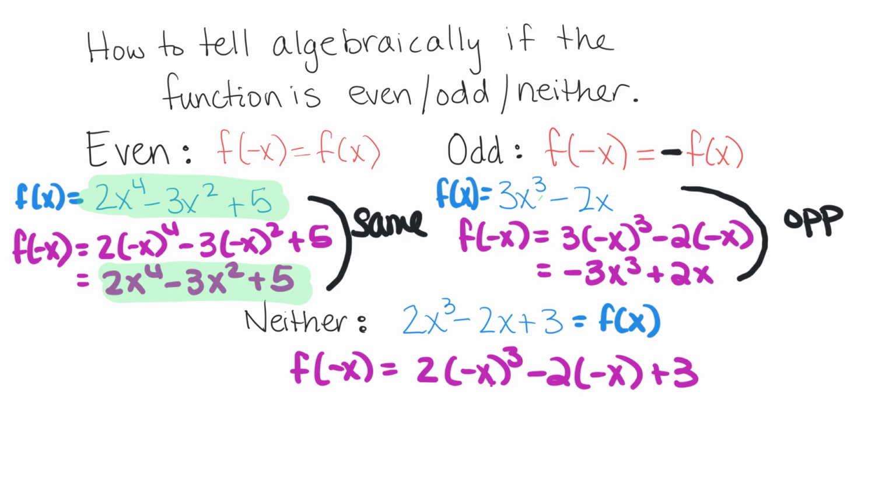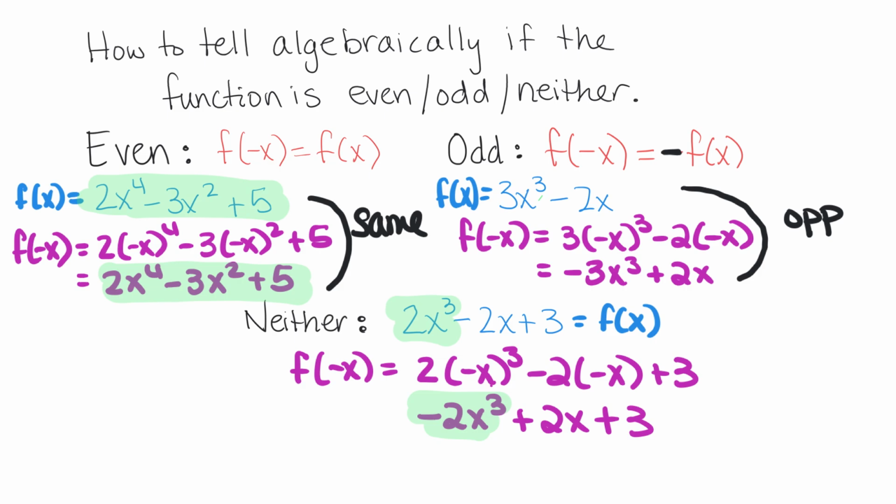Well, negative x to the third power times 2 would be negative 2x to the third power. Minus 2 times negative x is a positive 2x, and then plus 3. Okay, well, let's compare these. The first term in the original function was opposite when I plugged in negative x.